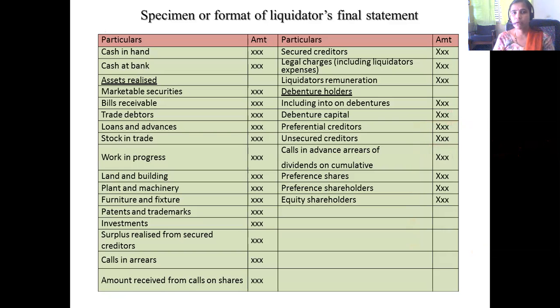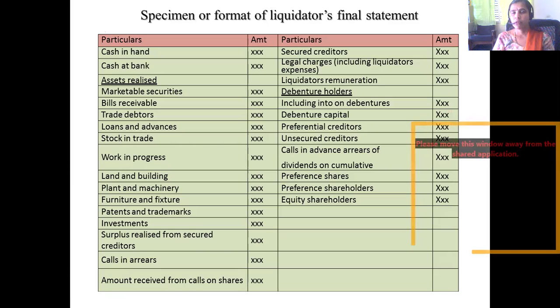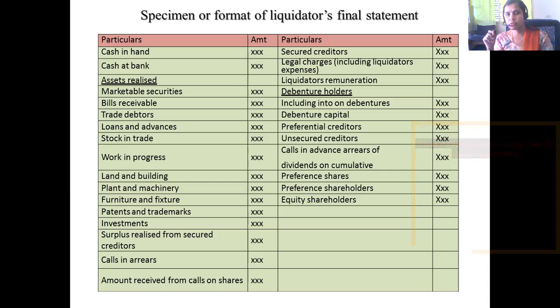Now let us look into the specimen format. On the left side you have cash in hand, cash at bank, and all the assets that are realized. On the right side you have the secured creditors first, then the legal charges, the liquidation expenses.